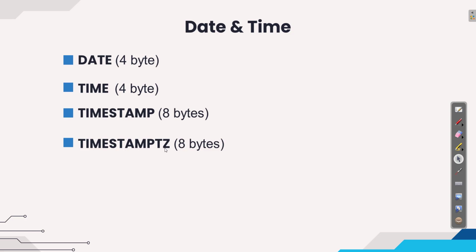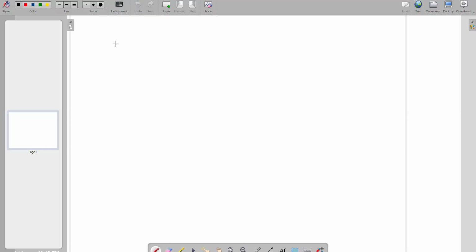Okay, another is timestamp TZ. TZ is for time zone. So it will specify the time zone with the GMT plus. For example, if you specify the Pakistan time, it will show the GMT plus 5 because Pakistan is on GMT plus 5. So same is the created at field. If you specify time TZ, the complete time, it will add the time zone as well.